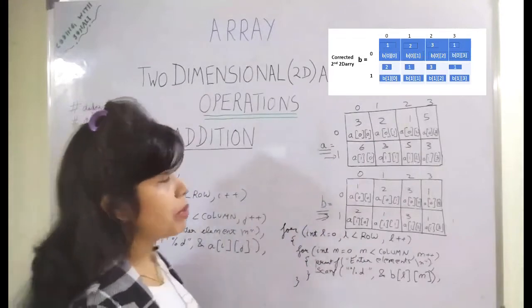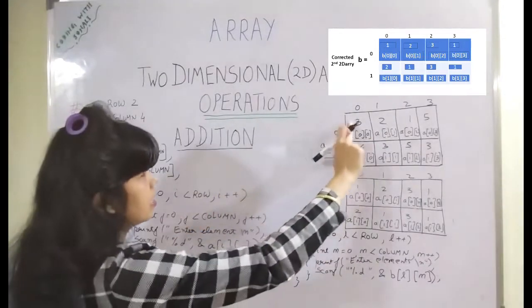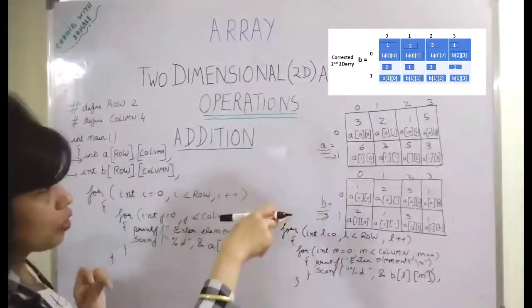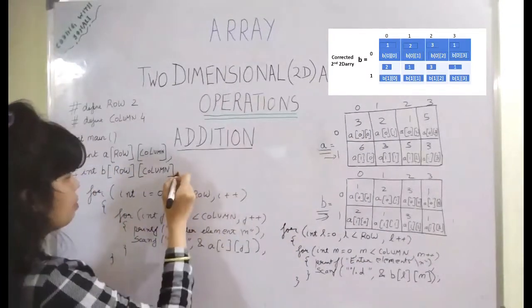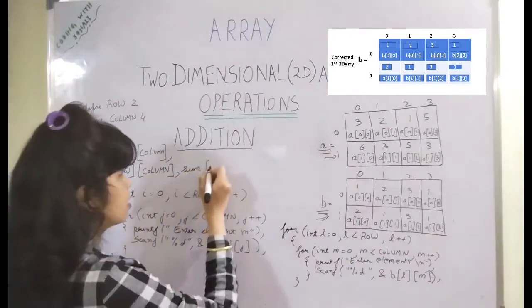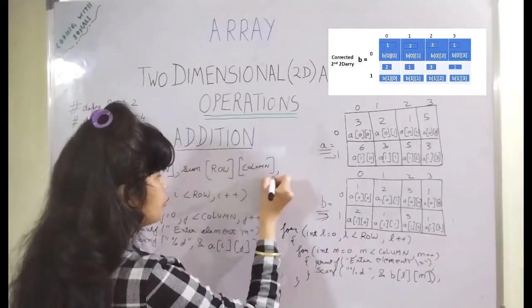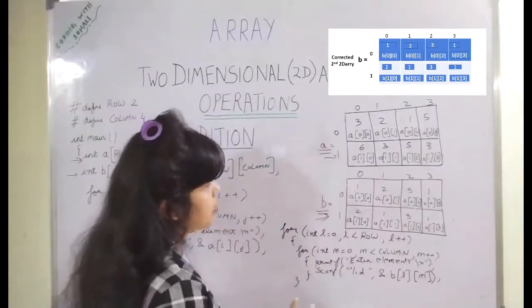Now the main operation is that we have to perform the addition of the first 2D array, A, and the second 2D array, B. The addition of that we will again store in a 2D array. So I will declare one more variable, say sum, with the same number of rows and columns. How to perform the addition operation of these 2D arrays is very simple.